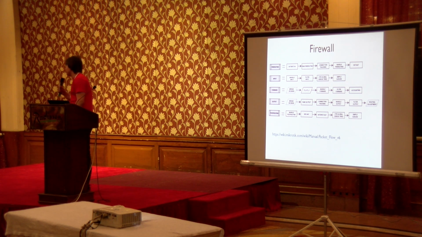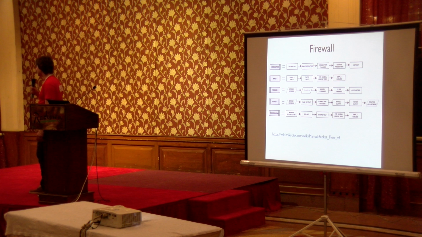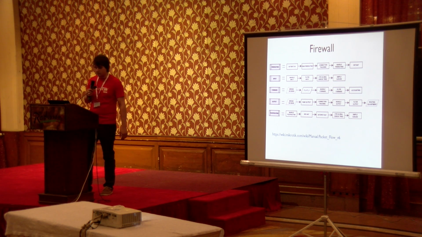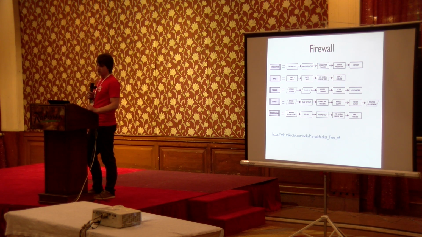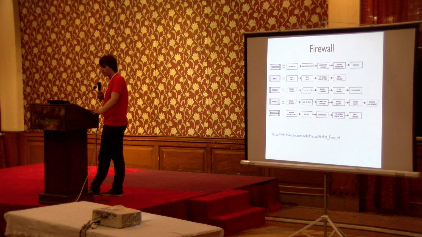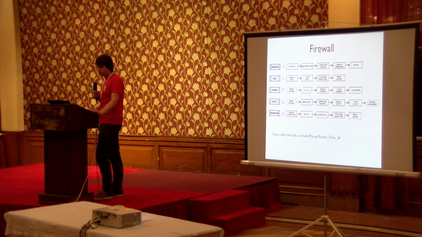This is the view of MikroTik firewall. Basically, it operates in 5 basic chains. The pre-routing and input chain is responsible for accessing the router. The pre-routing, forward and post-routing is responsible for the traffic that goes through your router.